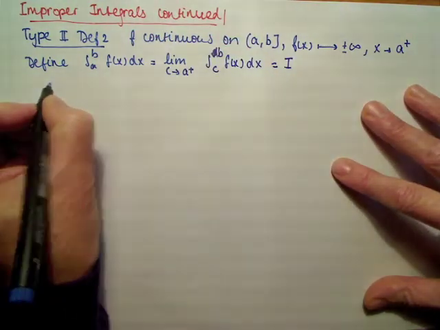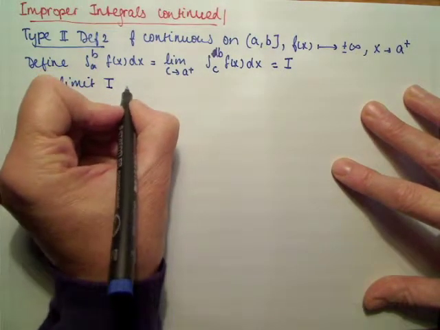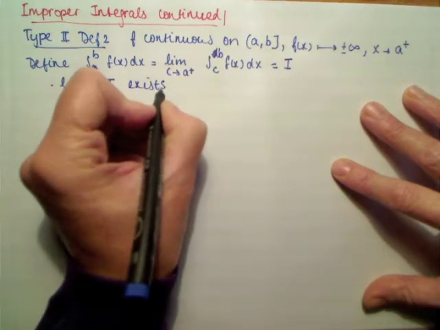Now again we can have two situations. The limit I exists and is finite.